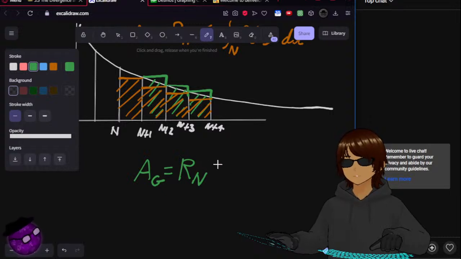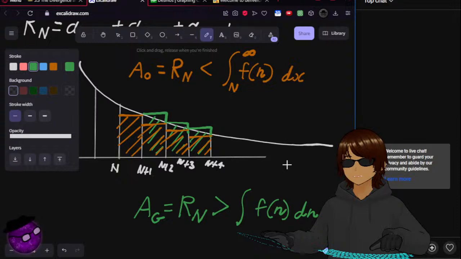But this is like an overestimate of the integral, the area under the graph. Hold on, I wrote f of x here.